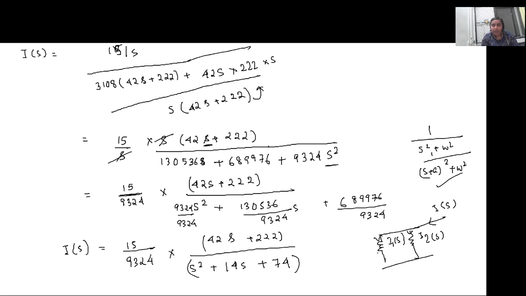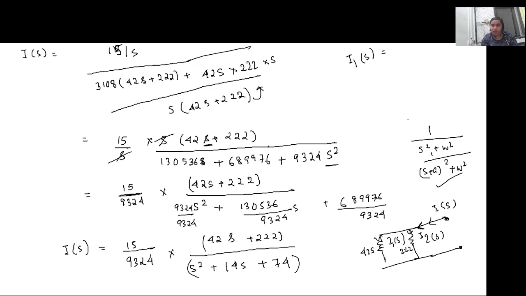If we are to find I1 and I2 of s, this is 42. I'm writing only this part of the circuit where I1 and I2 are. This is 222. Now in order to calculate I1 of s, whatever current is flowing into this node will get divided into the branches in the reverse ratio of their impedance.